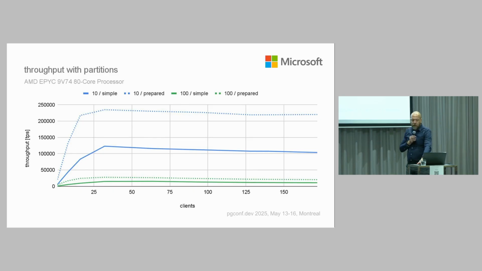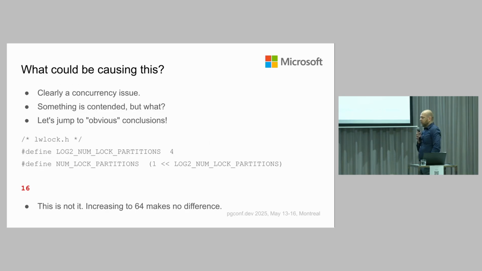So what could be causing this? What does every engineer do? We jump to conclusions, right? So obviously, this has to be about the number of partitions in the shared lock table, because we need to lock all the partitions, and this table in shared memory is split into multiple chunks, and we only have 16 of them.